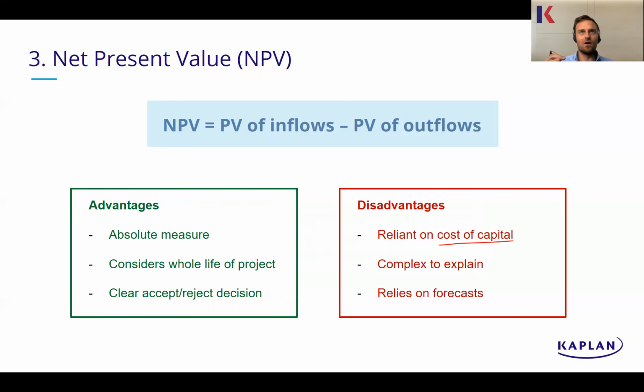There are a lot of things that go into that mean it's a little bit approximate. And if you change that in an NPV, it massively can cause the NPV to change. So I used 10% in that last example. If I use 12% instead, for example, the NPV would be much lower. So there is that reliance on that, very sensitive to changes in the cost of capital.